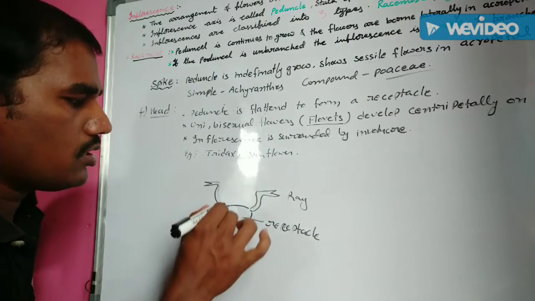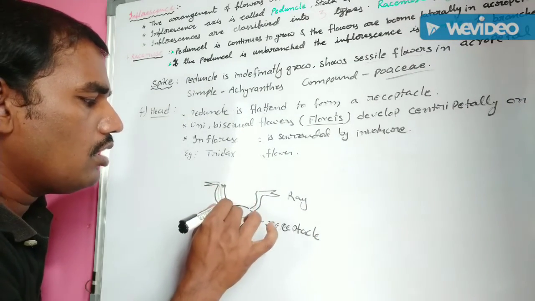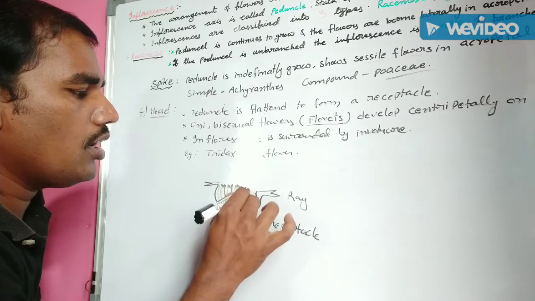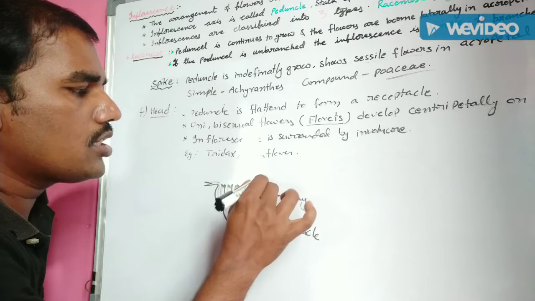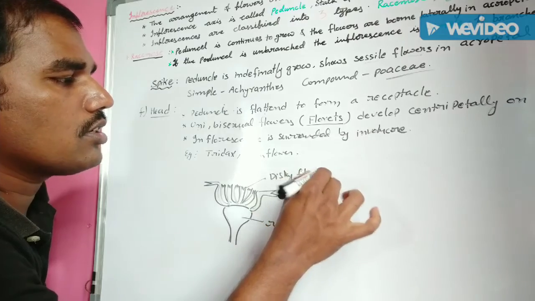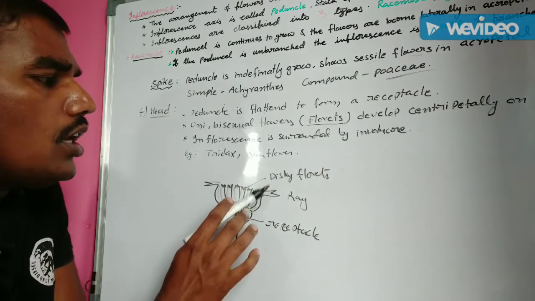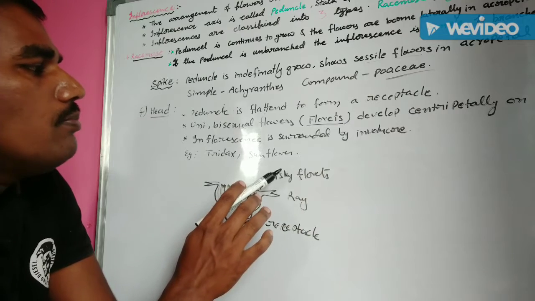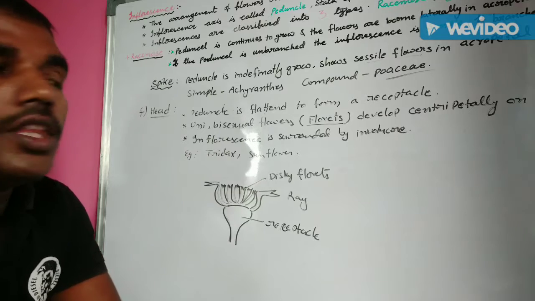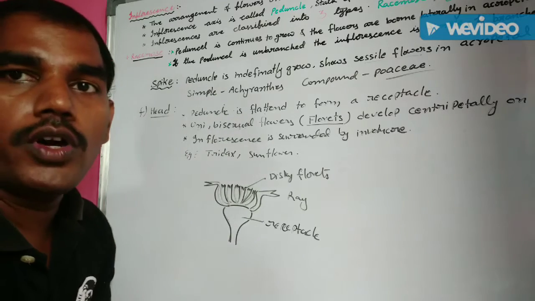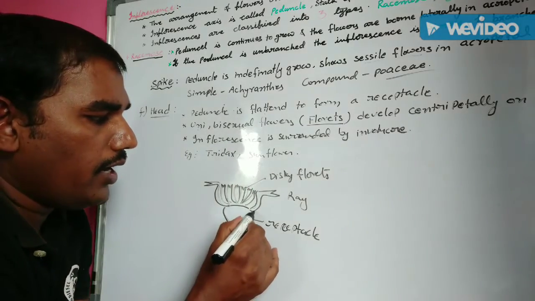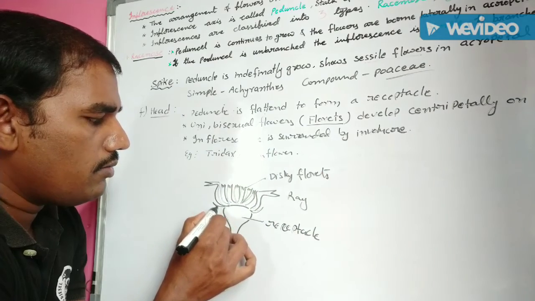Centrally located bisexual flowers are called disc florets. In this way, unisexual and bisexual flowers are developed centripetally on the receptacle in the head inflorescence. Okay, the entire inflorescence is surrounded by involucre bract.